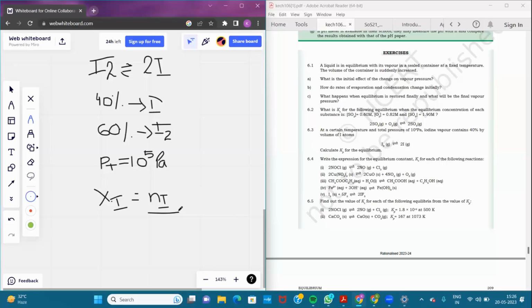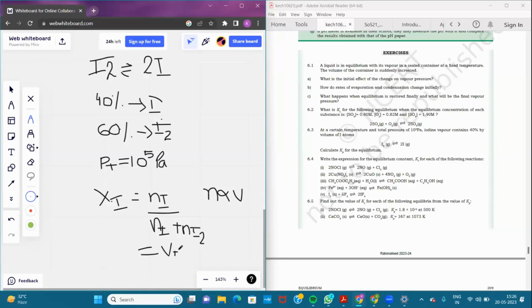So for finding out the moles, we'll use the given information, that is 40% iodine atoms and 60% I2. Number of molecules of iodine plus number of molecules of I2 present in the container. As number of molecules is directly proportional to the volume, here we can replace the number of molecules with volume.